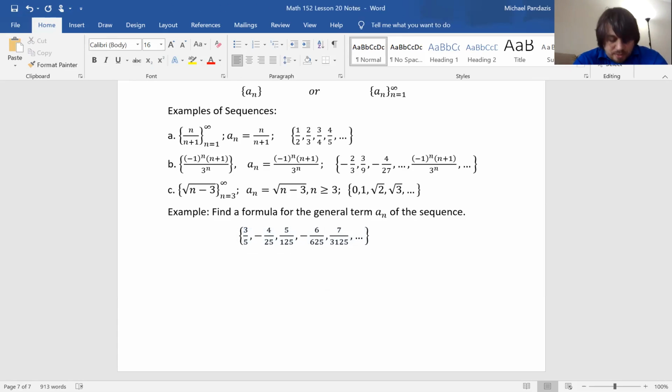Okay, so that's our sequence. Okay, and then this is also assuming the pattern of the first few terms continues.